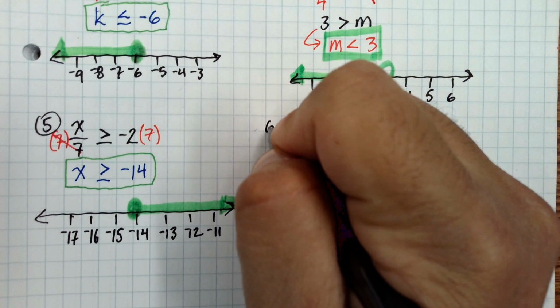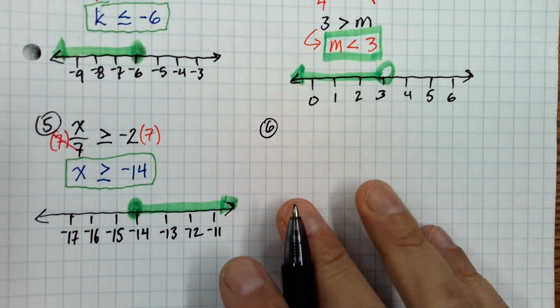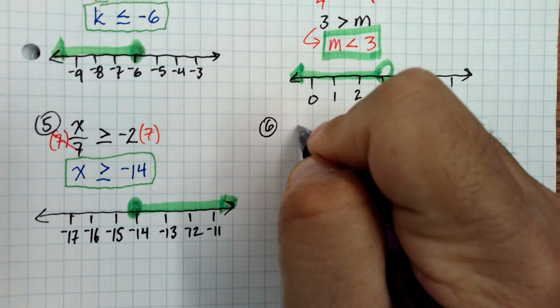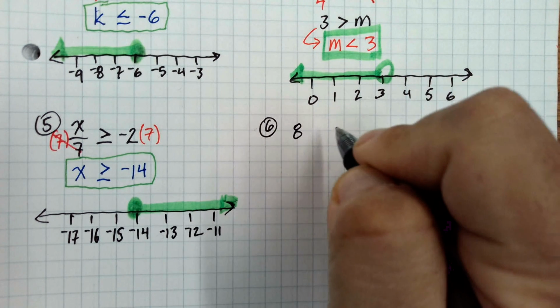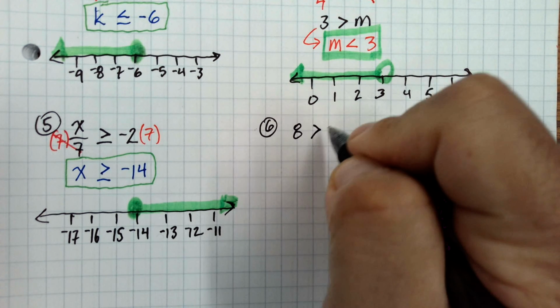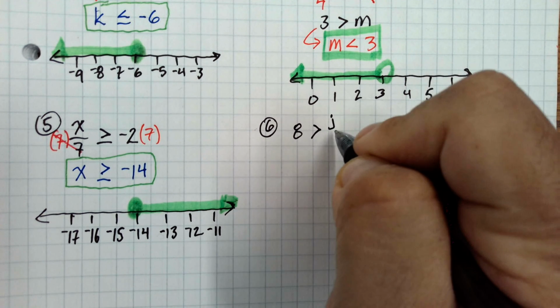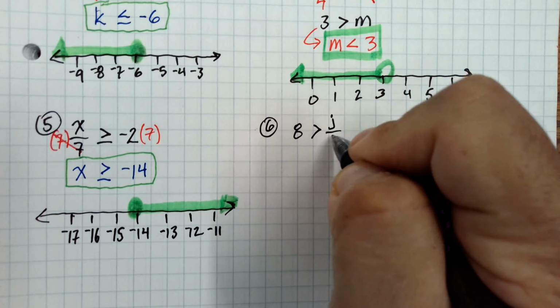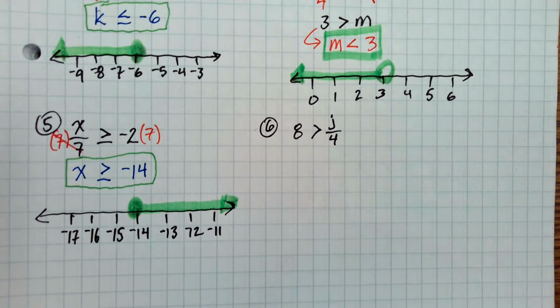Number 6. Okay, let's do this. 8 is greater than j divided by 4. Okay, let's try this. So what are we going to do to solve this one?